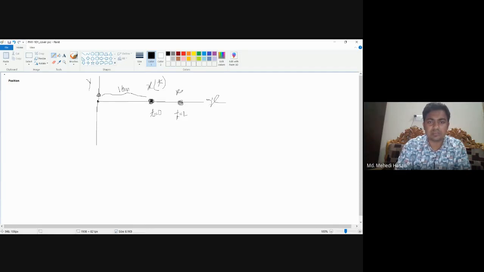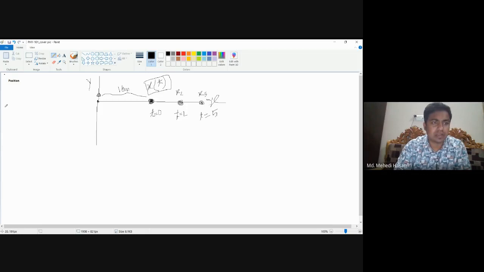Then we can say this is x2, and at t equal to 5 seconds, it will be x5. So from this we can say that the position of an object is a function of t.